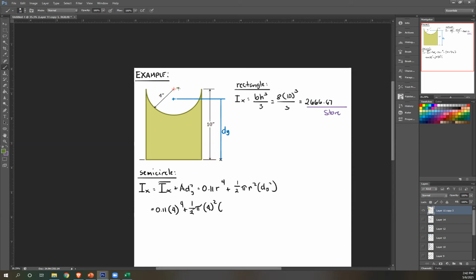Therefore, dy is this total height minus that. So this is 10 minus 4r over 3 pi, where r again is 4. Please solve. What's the final answer?